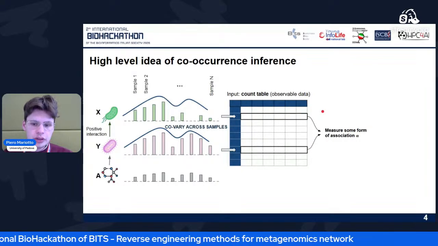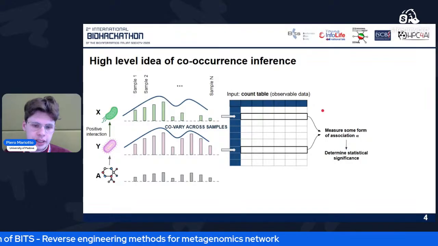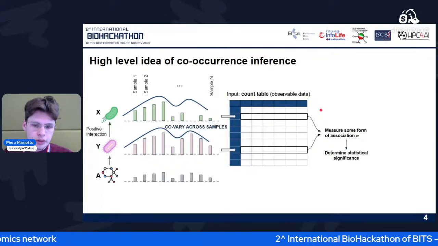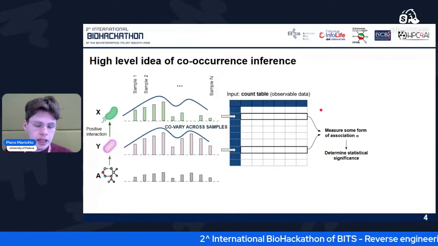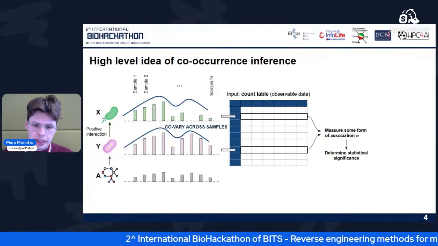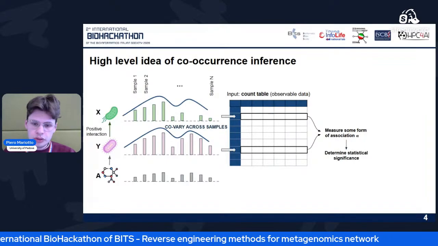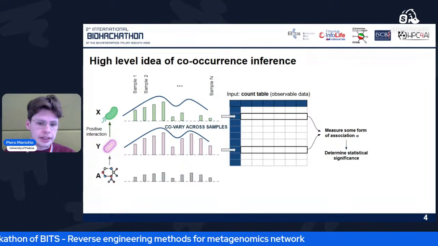Of course, then you need to assess if this association is statistically significant, because, as you know, if we measure some statistical association between two random vectors, you will get a non-zero value.